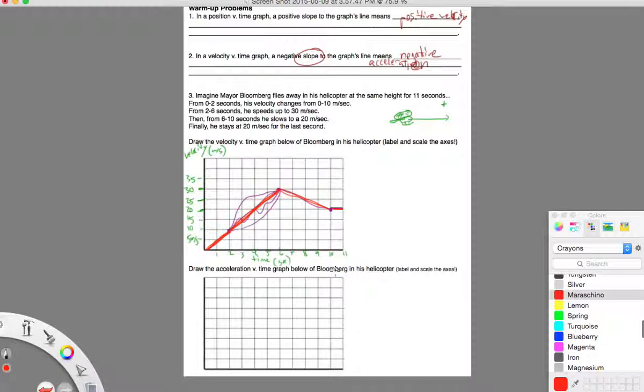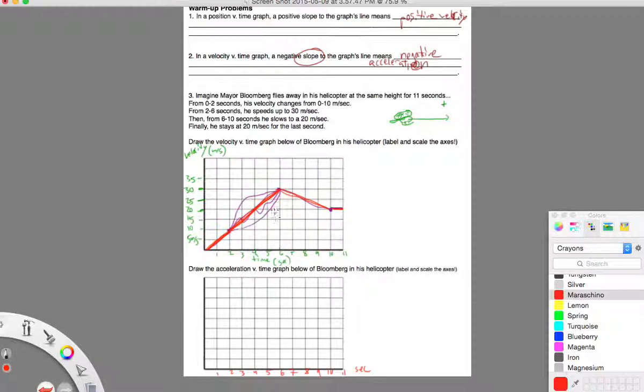Yeah, okay. So now let's draw the acceleration versus time graph. So it's going to be the same time. 1, 2, 3, 4, 5, 6, 7, 8, 9, 10, 11 seconds. And now the acceleration. Now, the acceleration is a little strange because here it's going to have a negative slope. So we're going to have to provide negative values here.